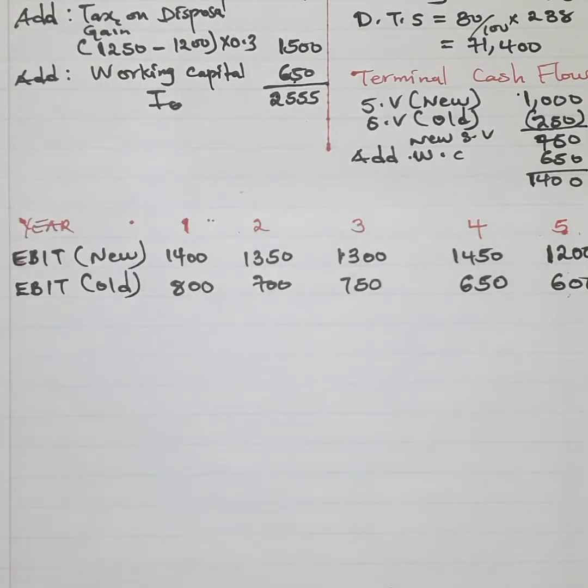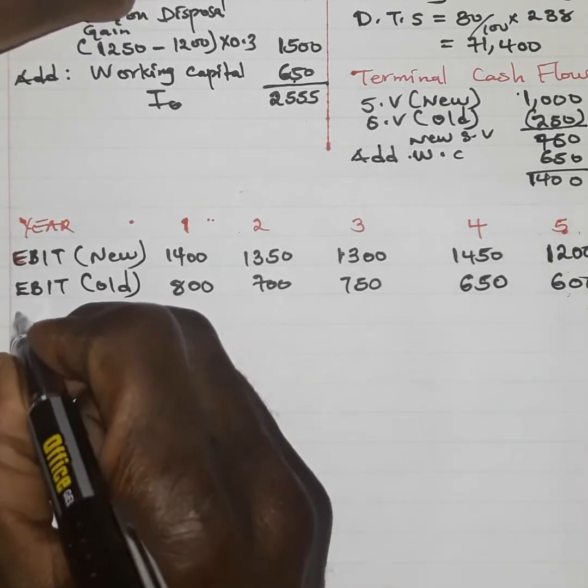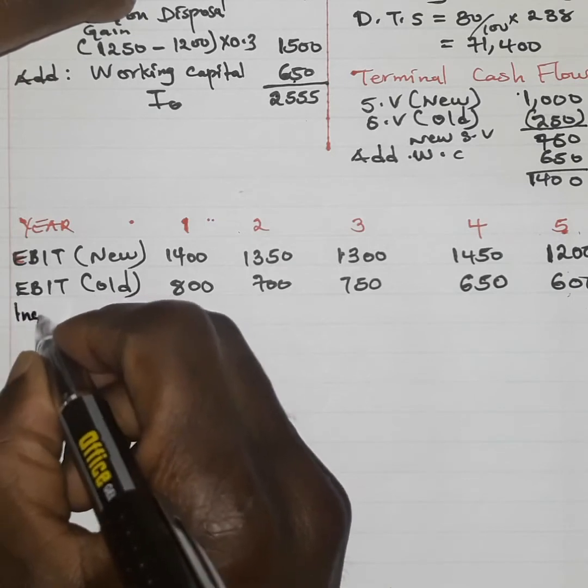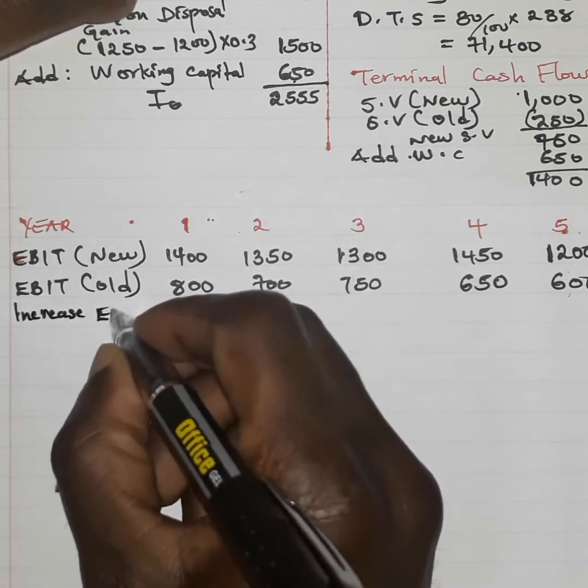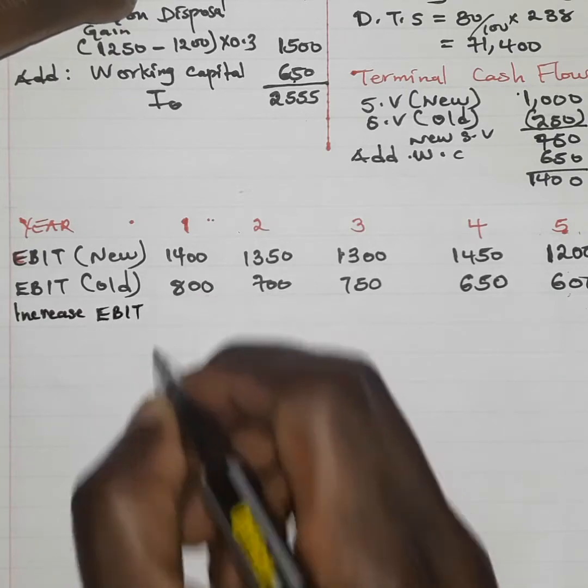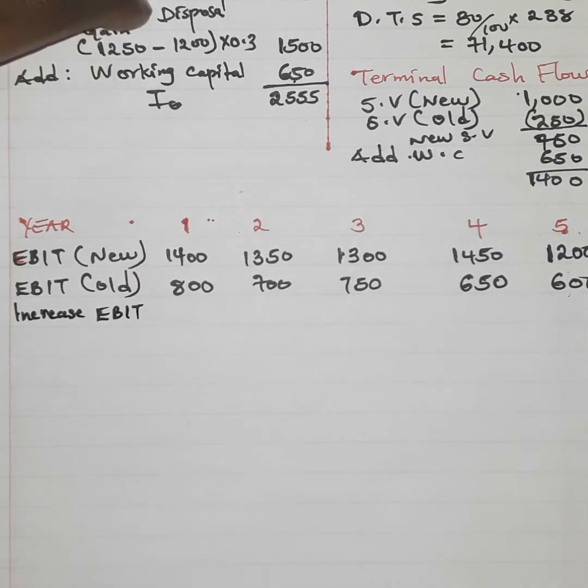I've simply copy pasted. Now we are supposed to get the incremental, the increase in earnings before interest and tax. We simply get the difference between these figures because they form part of the cash flows. They are retained in the particular business.